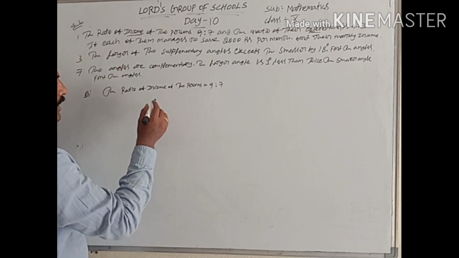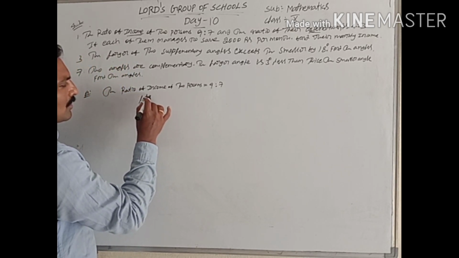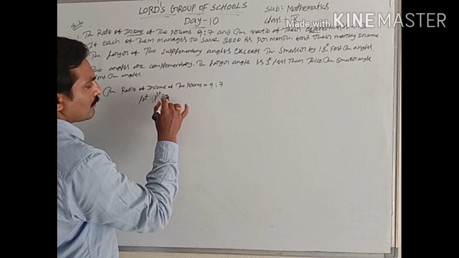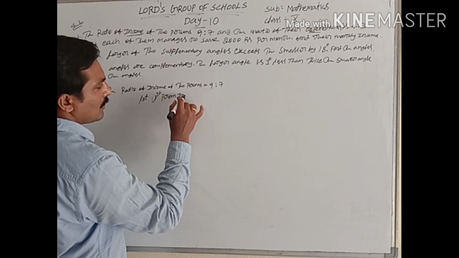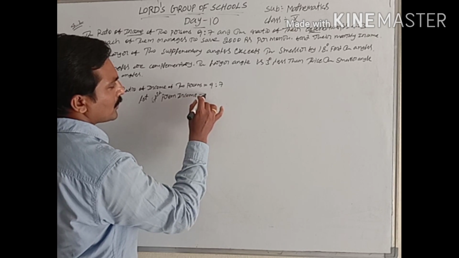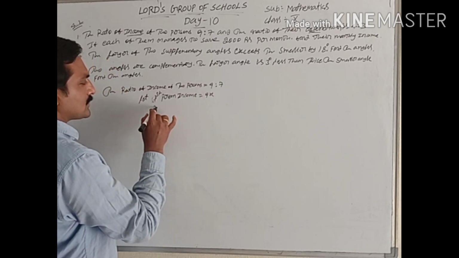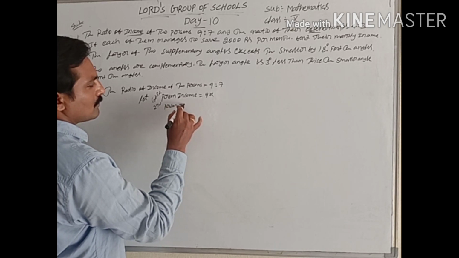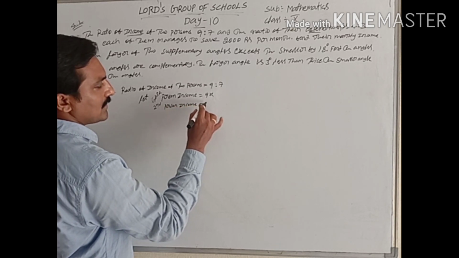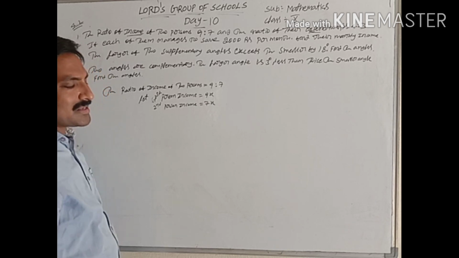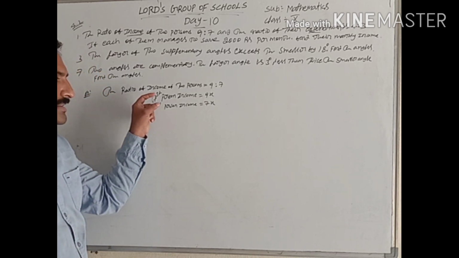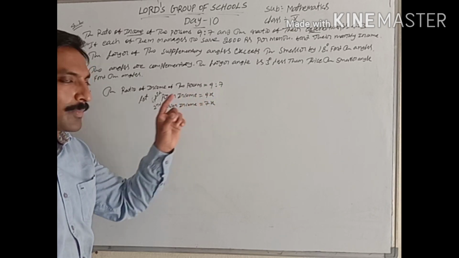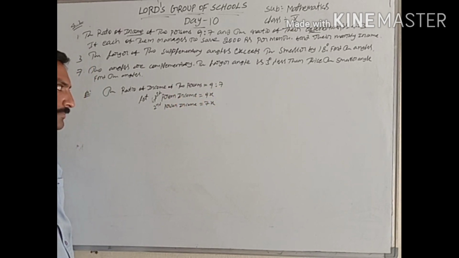So let the first person's income be 9x and the second person's income be 7x. Here 9x and 7x are two individual incomes, written as ratio numbers multiplied by a particular letter.